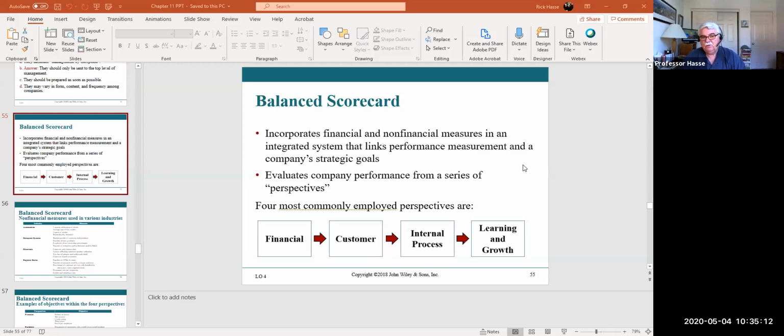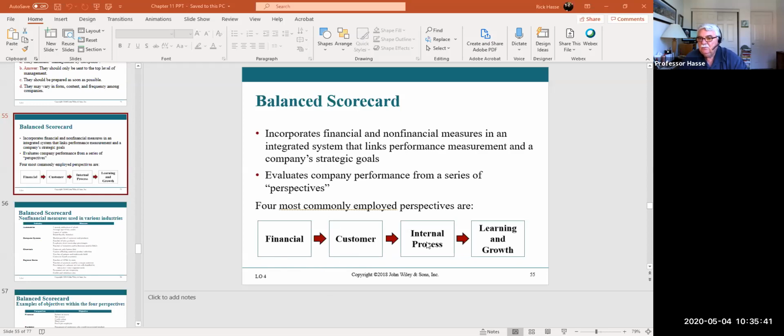In the balanced scorecard, it's financial, customer, internal process, and learning and growth. And this perspective gives us both financial and non-financial information. Are we over budget? Do we have unfavorable or favorable variances? That's the financial side of it. How does our customer relate to this? Was our customer happy with the product or not?